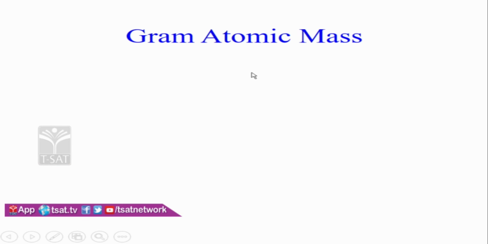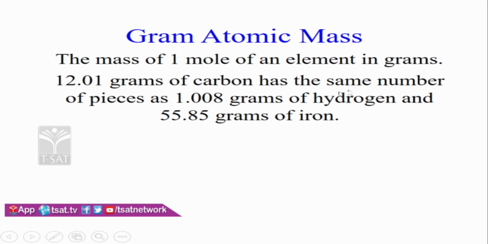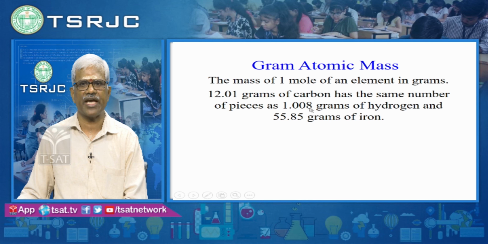Now, let us discuss what is gram atomic mass. 12 grams of carbon has the same number of atoms as 1.008 grams of hydrogen. Actually, we consider the atomic mass of hydrogen as 1 unit. There are isotopes, so the average mass will become 1.008.